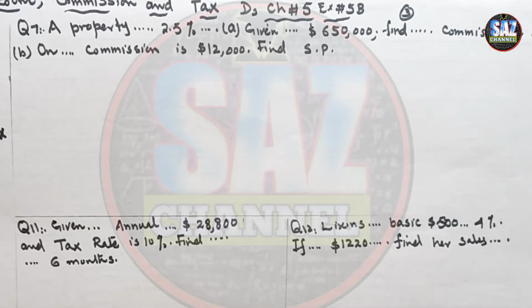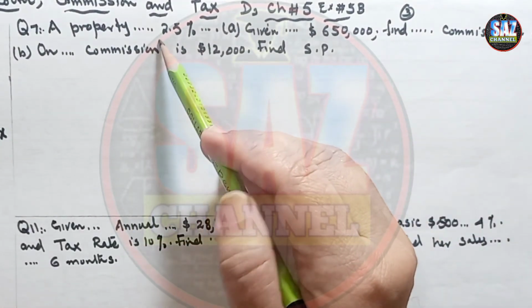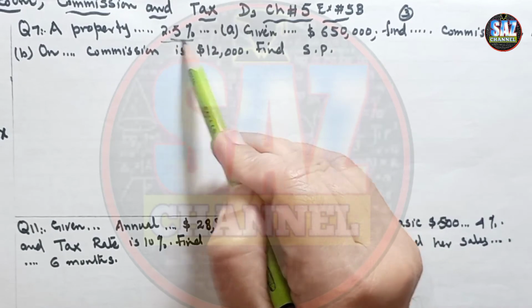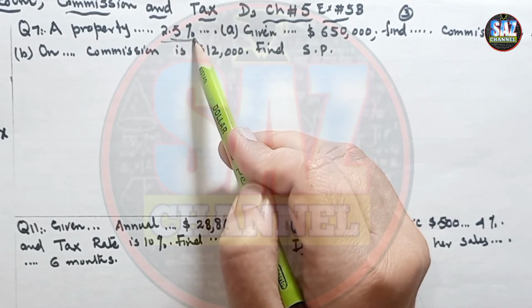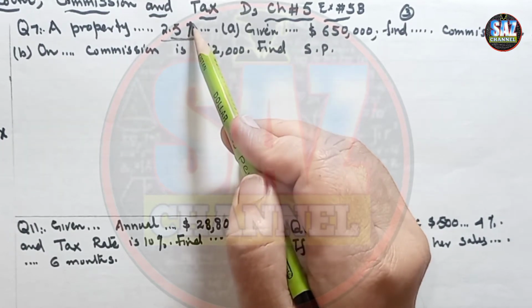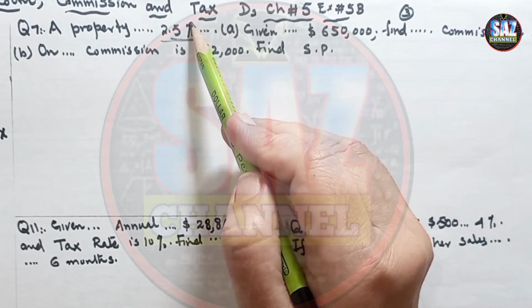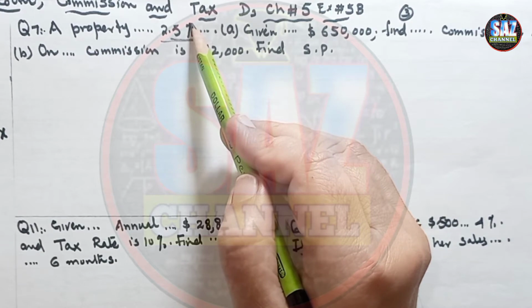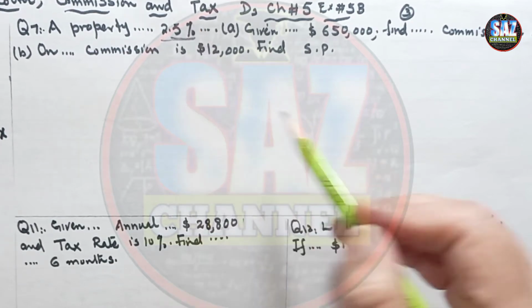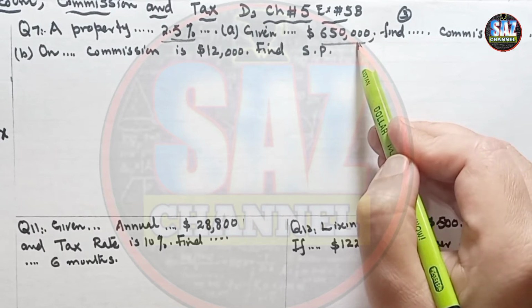Let's move to question number 7, and let me read the question from the book. Question says, a property agent charges a commission of 2.5% on the selling price of a house, given that the agent sells the house for $650,000.